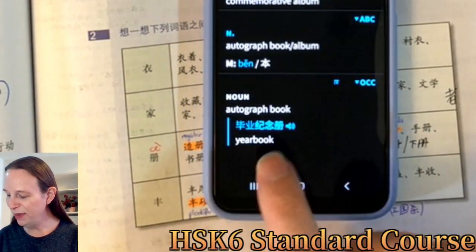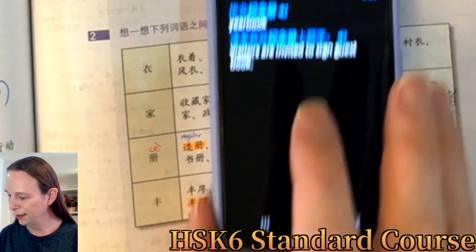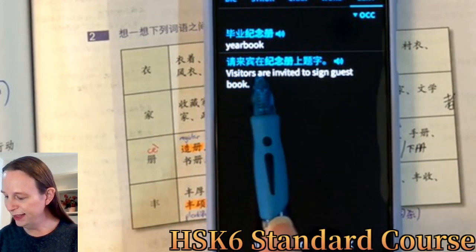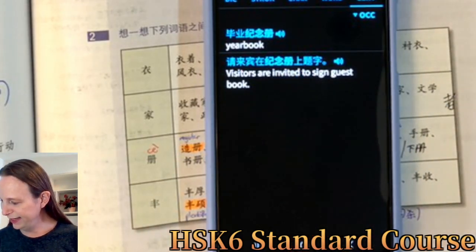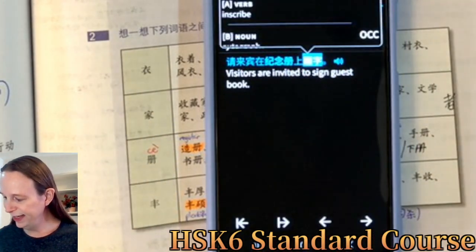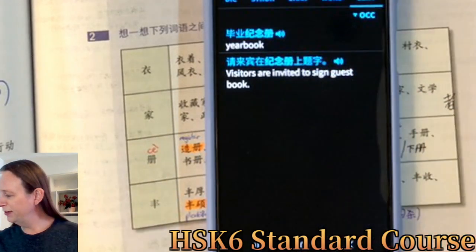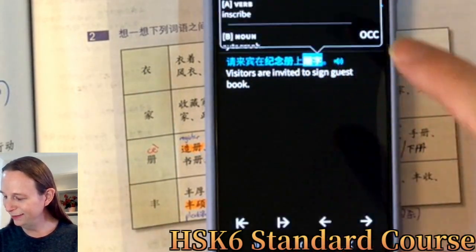Yearbook. Okay, 毕业纪念册. That one might be useful. 毕业纪念册. 请来宾在纪念册上题字. What is 题字? First time I've encountered that. 题字. Autograph. And you know what? Maybe that's worth learning. Seems more important than 纪念册.